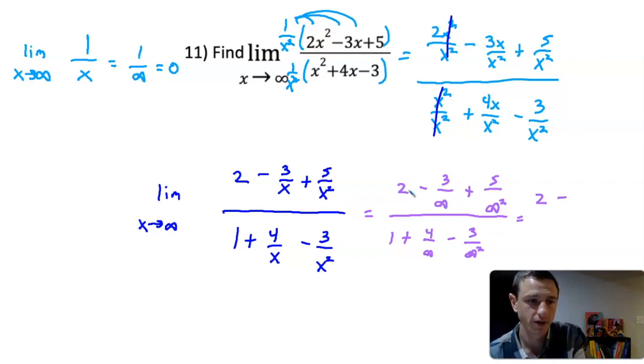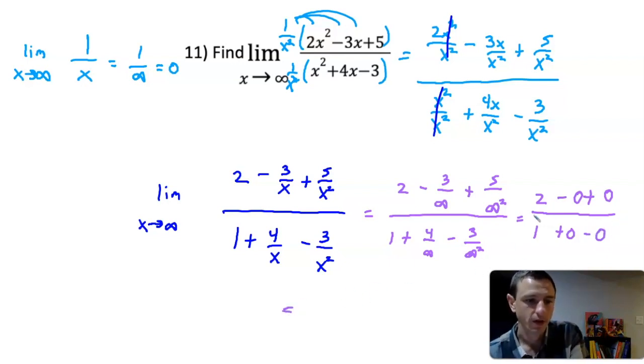Same thing I was talking about over here. 3 over a really, really big number is going to be 0. Plus 5 over a really, really big number, infinity squared, 0. On the bottom, we get 1. 4 over infinity, 0. Minus 3 over infinity squared, 0.